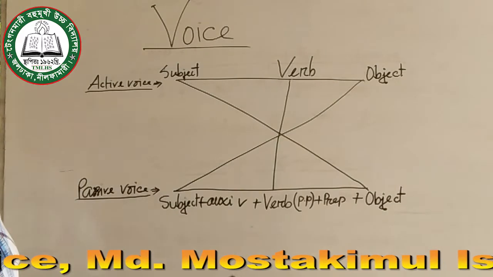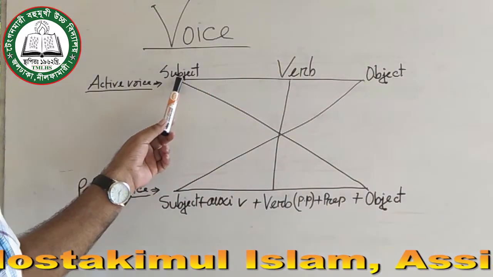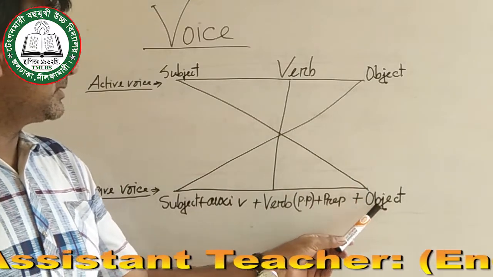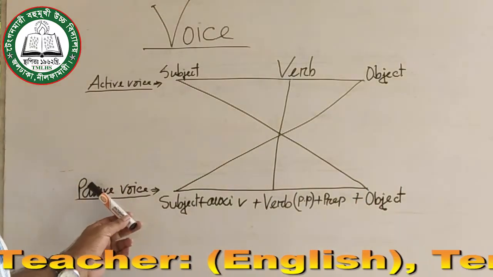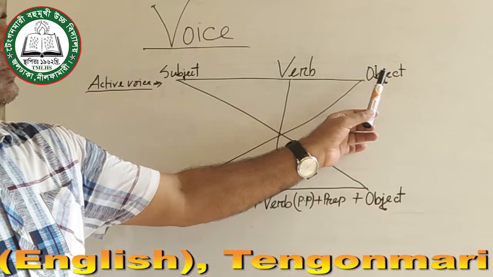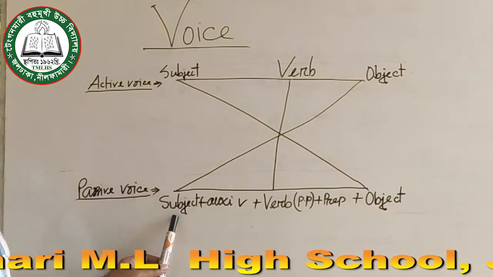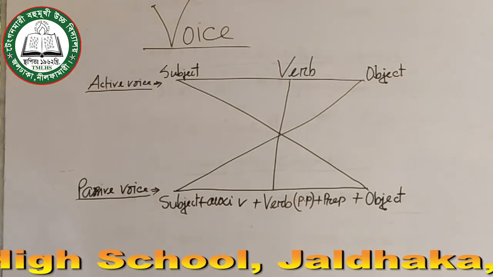diagram of voice. The subject of active voice becomes the object of passive voice. The object of active voice becomes the subject of passive voice.